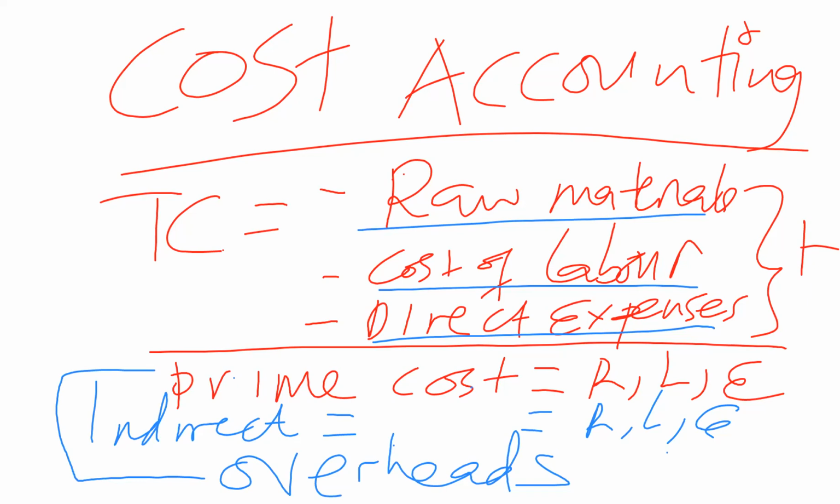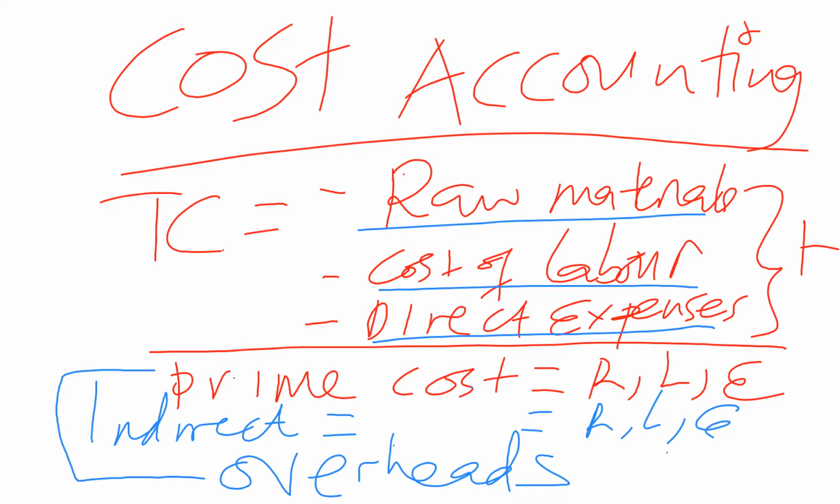Therefore, the total cost shall be the sum of the prime cost and the overhead cost. When you consolidate the prime cost and the overhead cost, you have the total cost. Is that fair now? It is. Okay. And now if you have understood this, then we are safe.